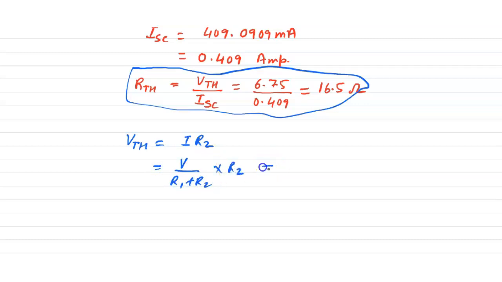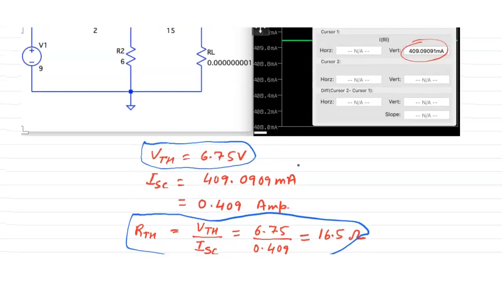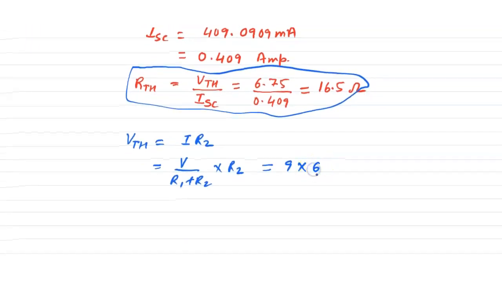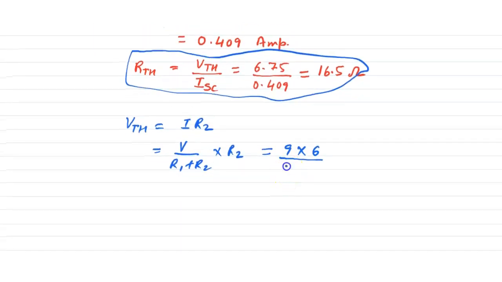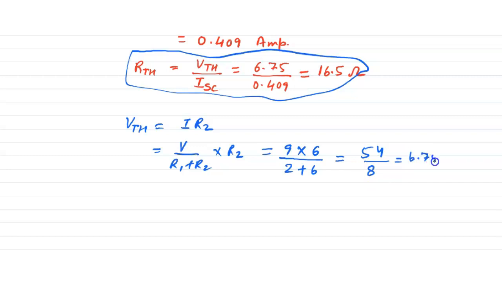Here V is 9 volt, R2 is 6 ohm, and R1 is 2, so 2 plus 6, that means 9 times 6 is 54, divided by 8. When you divide 54 by 8, you will get 6.75 volt.